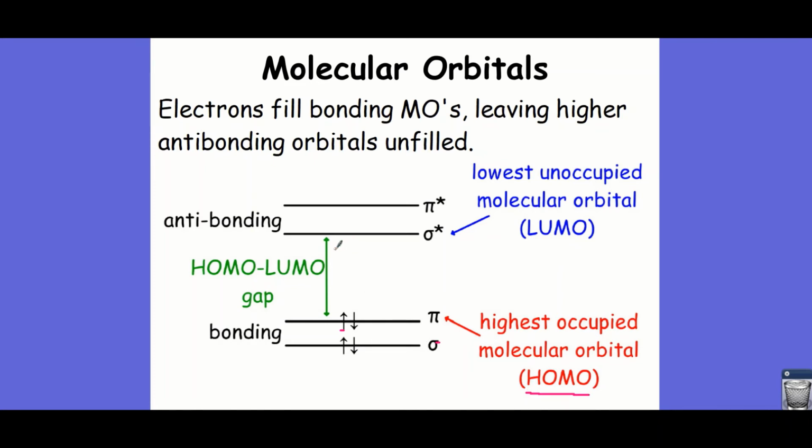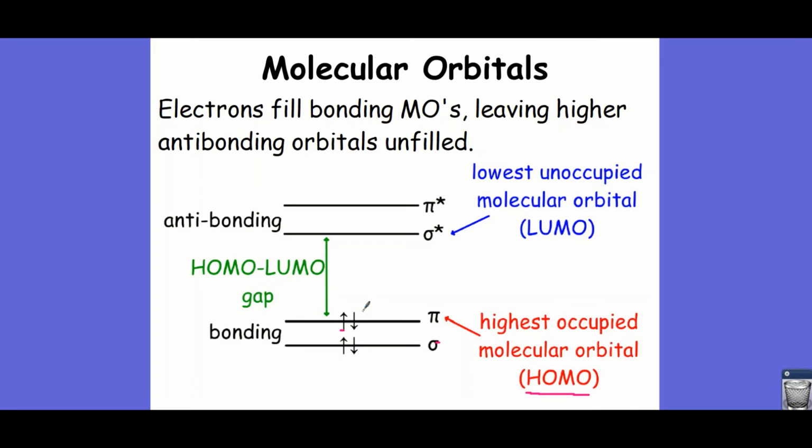The anti-bonding orbital that sits at the lowest energy is called your lowest unoccupied molecular orbital, or LUMO. In between your HOMO and your LUMO, there is a measurable energy gap.